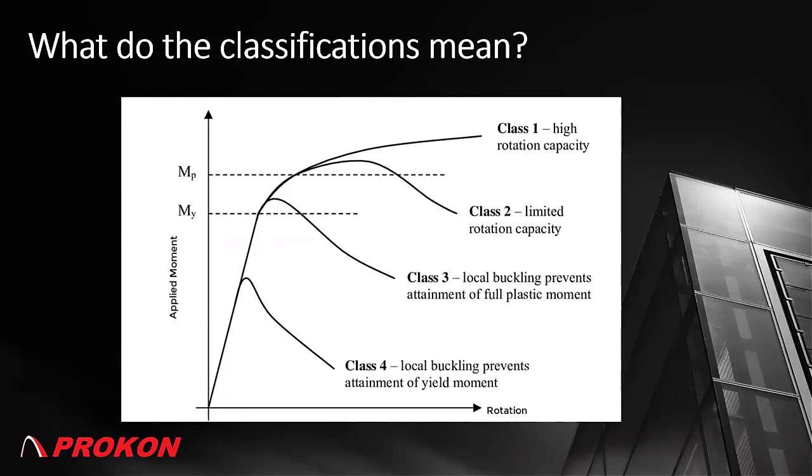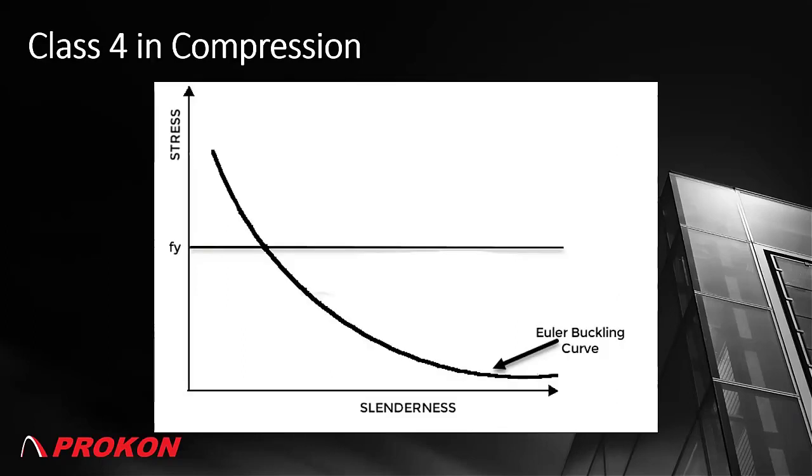For Class 3 sections, the yield moment can be obtained at the outermost fibers of the section, but local buckling prevents the section from reaching the full plastic moment. And for Class 4 sections, local buckling will occur even before the yield moment is reached.